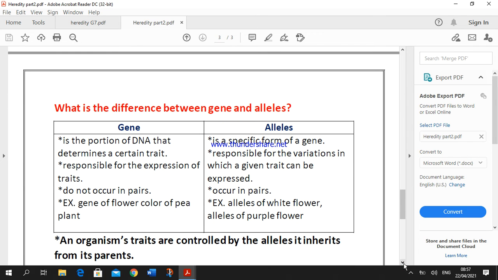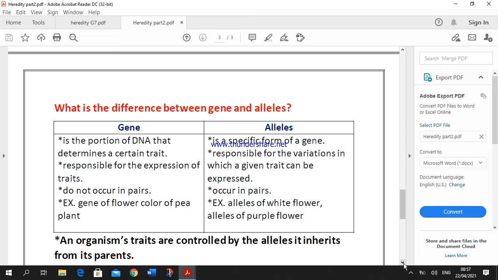What is the difference between gene and alleles? What is the difference between the word gene and the word alleles? A gene is the portion of DNA that determines a certain trait. If it is found, it is responsible for the appearance of the trait on the living organism, okay, responsible for the expression of the trait, okay. Genes don't occur in pairs, okay.